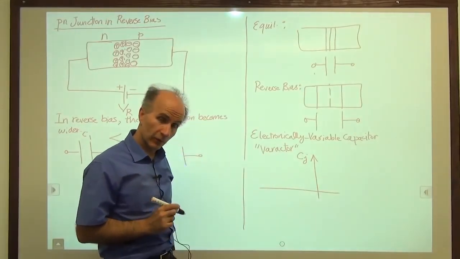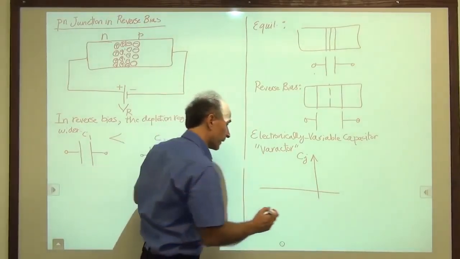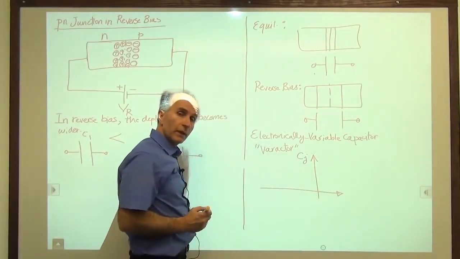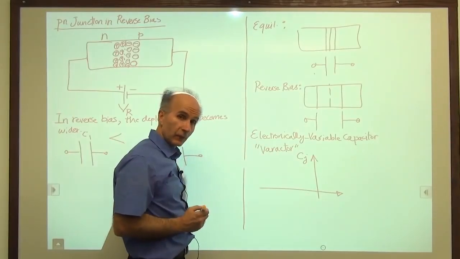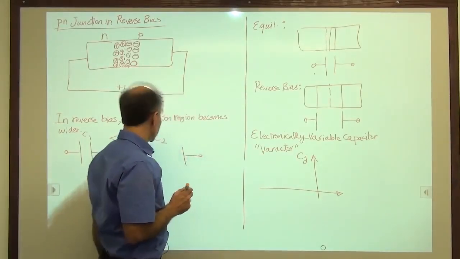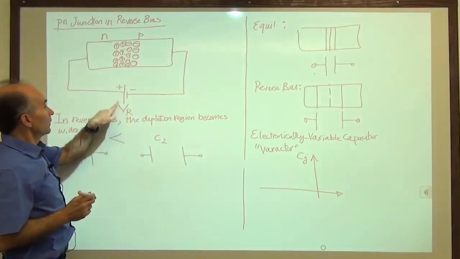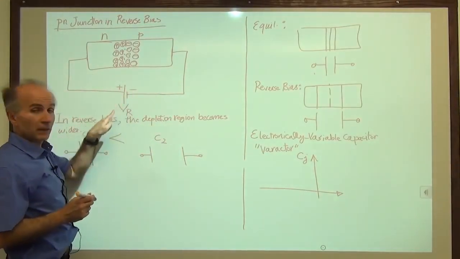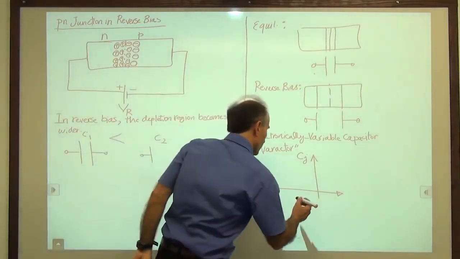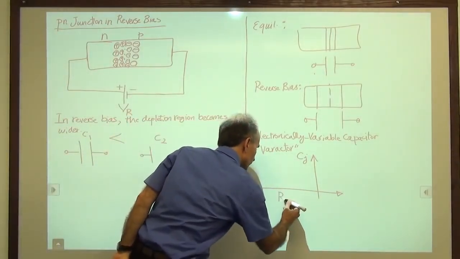The horizontal axis is the voltage. Now, it's customary to draw the capacitance for a negative voltage. Here comes a little bit of confusion, because VR with this type of polarity is actually positive, okay? So you have to be careful. I will just write here reverse bias.